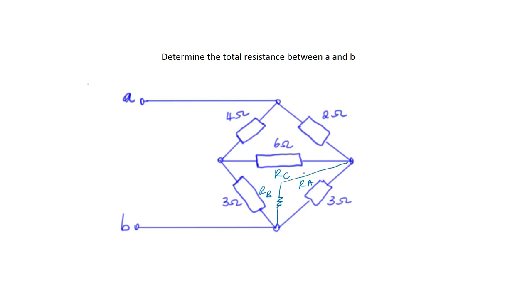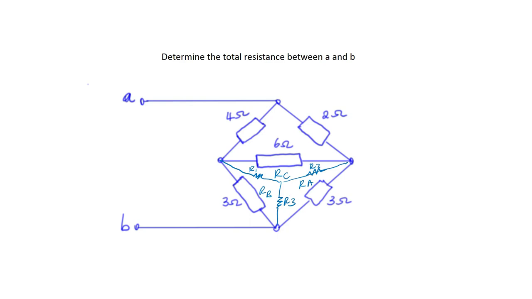Oh, sorry, we have a resistor here, we have another resistor here. So this star will be equivalent to this. Let's just call this R1, and let's call this R2, and let's call this R3.